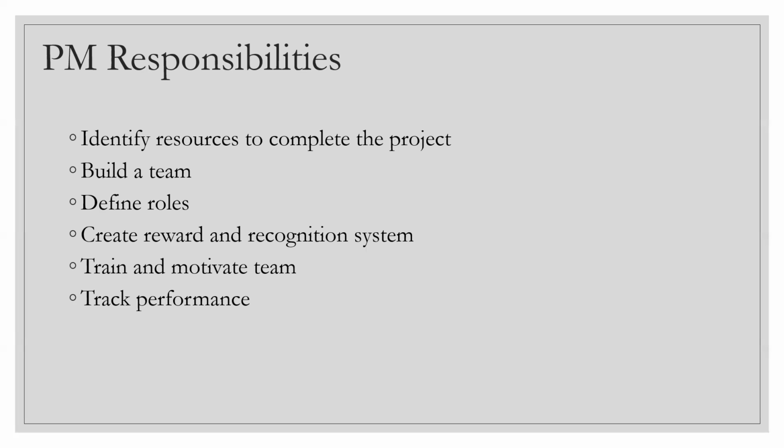Okay. So defining roles and creating the reward and recognition system, of course, and finally train and motivate the team. Of course, yes, you have to give some training to the team. Now, training can be done in two ways. One part is, of course, the onboarding, which we call in this company Embark, right? A guy is going to join the team. They will be having the basic road path set for them.